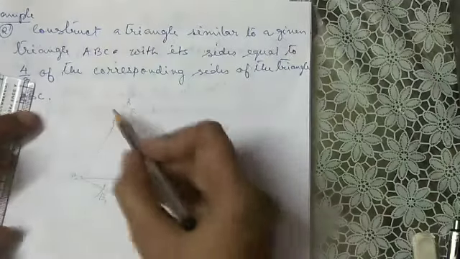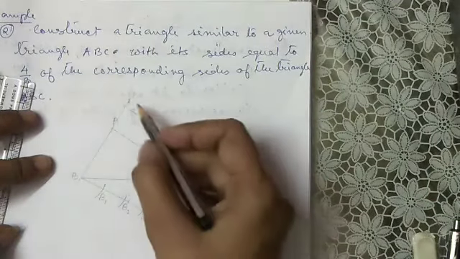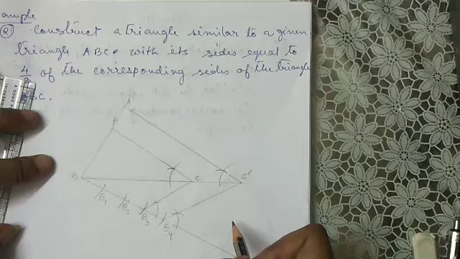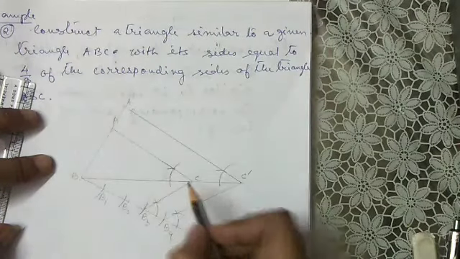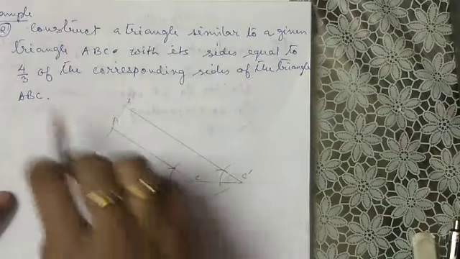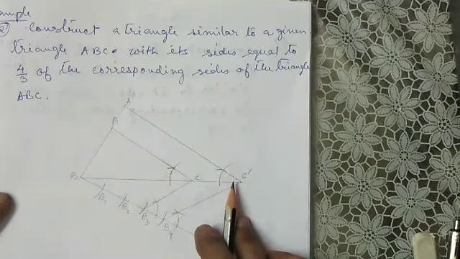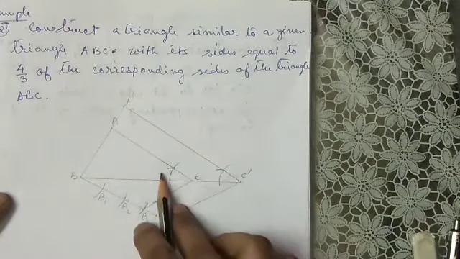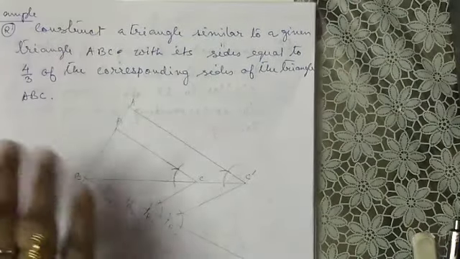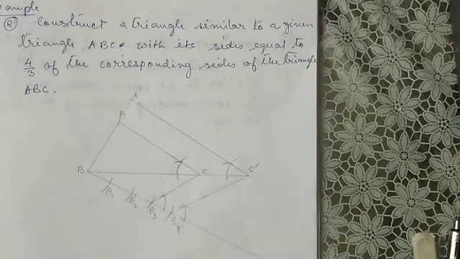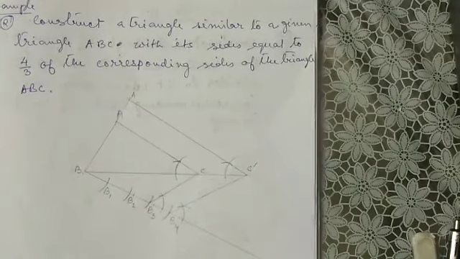Then this is the required triangle A dash B C dash of the given triangle ABC. So we have noticed that when it is a proper fraction, the triangle comes out interior to the given triangle, and when it is an improper fraction, the triangle comes exterior to the given triangle.